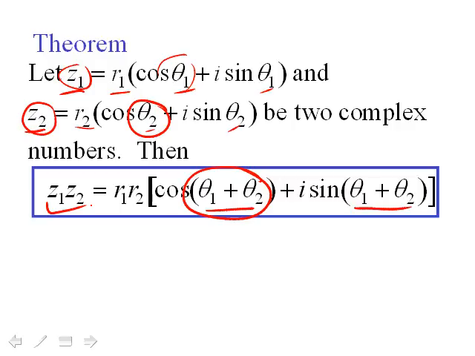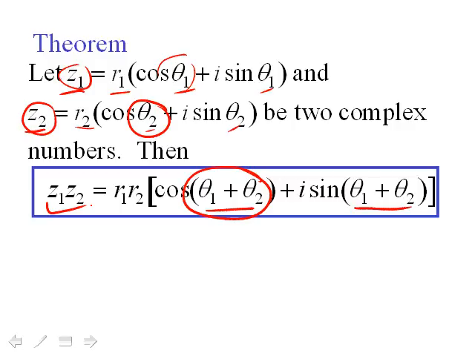In the book, they go through the construction, and it's really quite a pretty thing, that if you multiply those complex numbers, z1 and z2, just using the rules of complex multiplication, what pops out for theta 1 plus theta 2 in cosine and sine is the sum of angles formula for cosine and for sine.